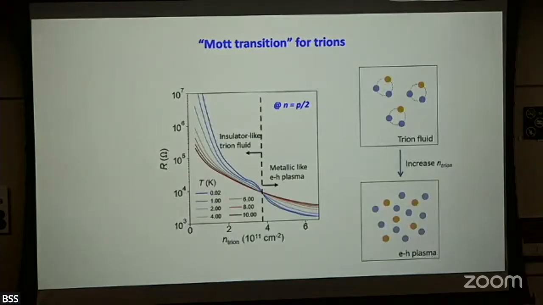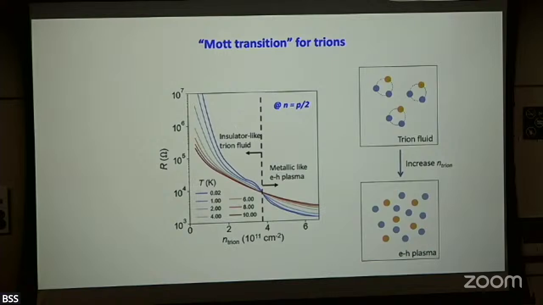So here is the resistance as a function of the 3 particle bound state density. For small density, we have some kind of insulating behavior. And for large density, we have some kind of metallic behavior. So this, again, reminds us of what's going on with the excitons.